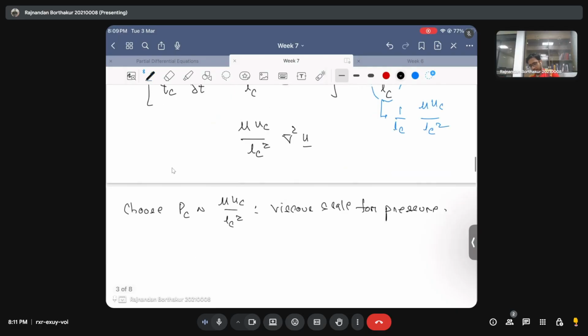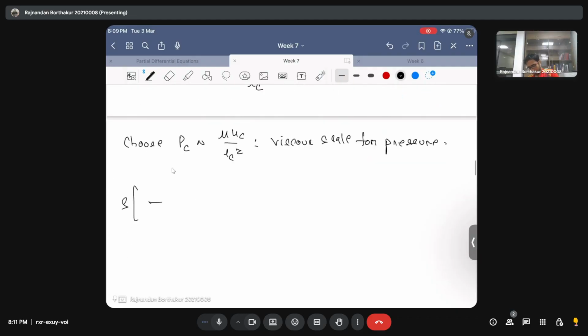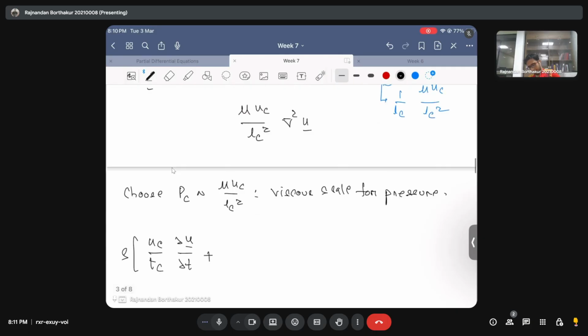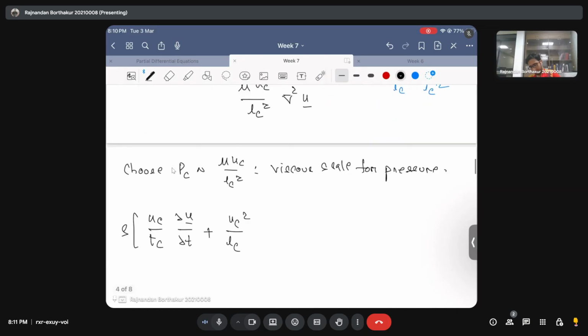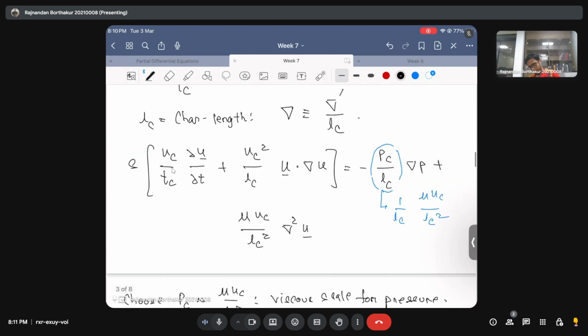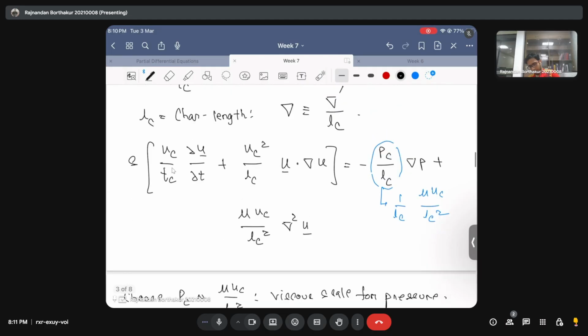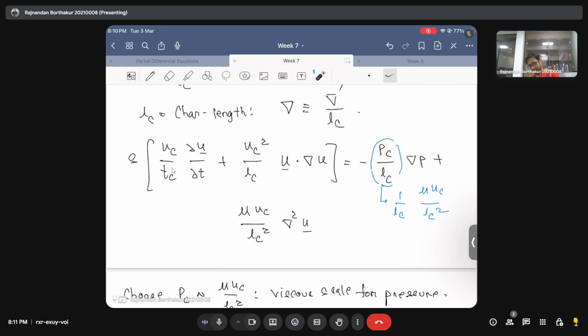So then this equation becomes rho times UC by TC times del U bar by del T plus UC square by LC, U dot grad U. Okay, and this is equal to, remember this term will now be equal to minus of mu UC by LC squared, sorry, LC cube, because I already have an LC here.